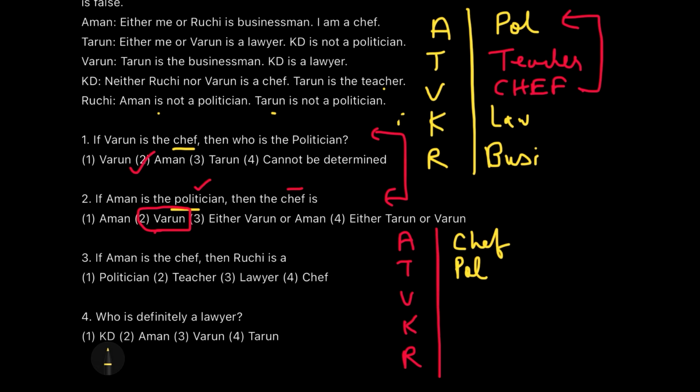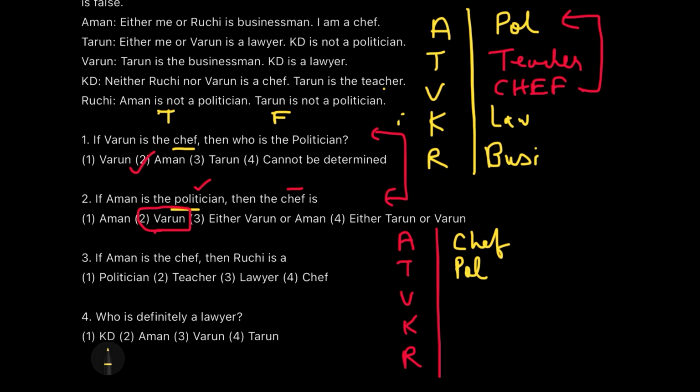Of course not. That means, just a second, let me consider Ruchi's statement. Aman is not a politician. This is true. So Tarun is not a politician. This should be false. Now, this is false that Tarun is not a politician, and that means he is a politician. Okay, quite confusing, right?